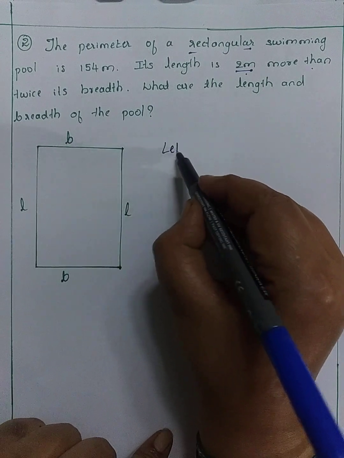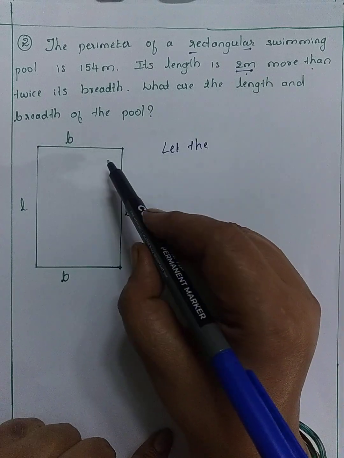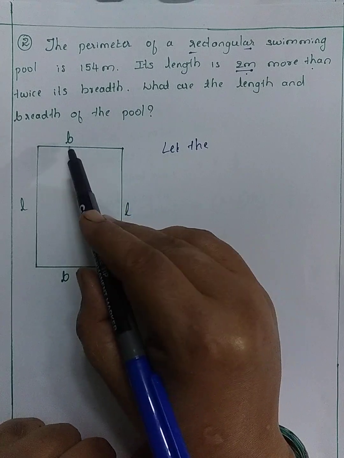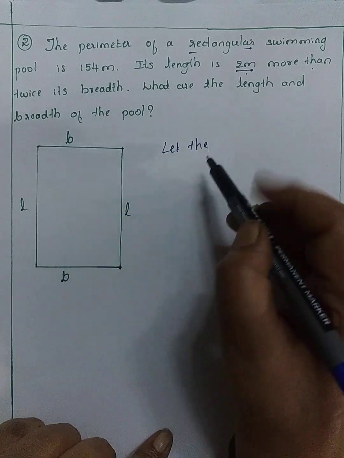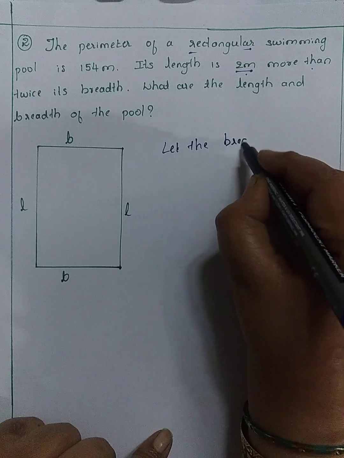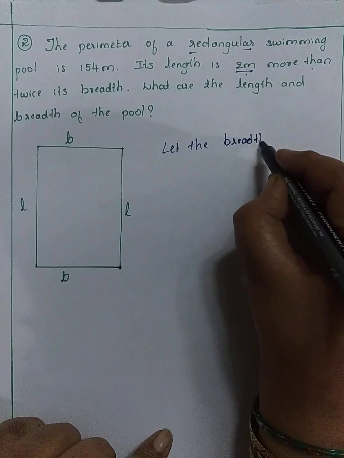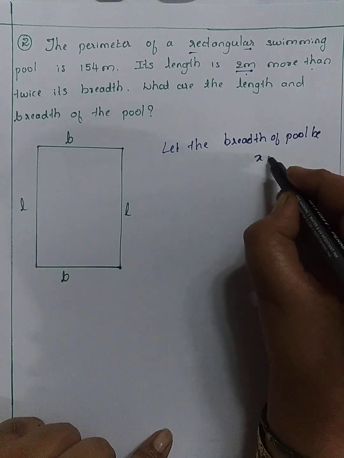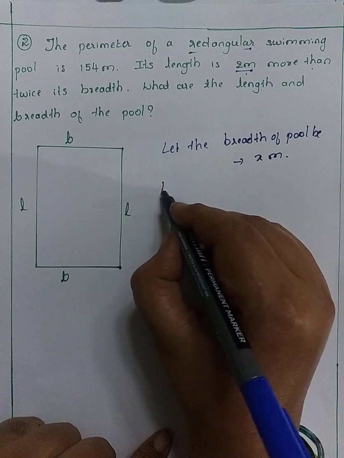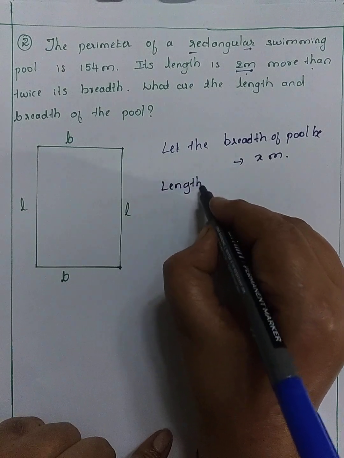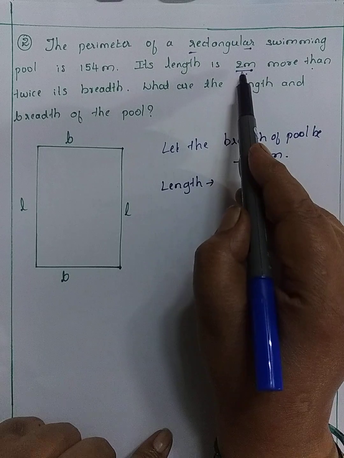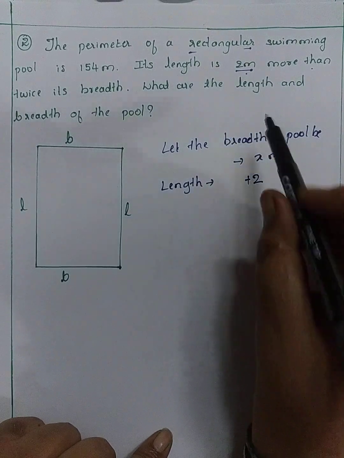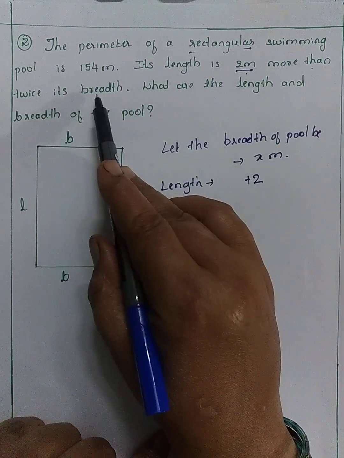Whichever is shorter in measurement, the lesser measurement, you have to assume as x. Here breadth is the lesser value. So let the breadth of the pool be x meters. Then what will be the length? According to the question, it is 2 meters more than twice its breadth.